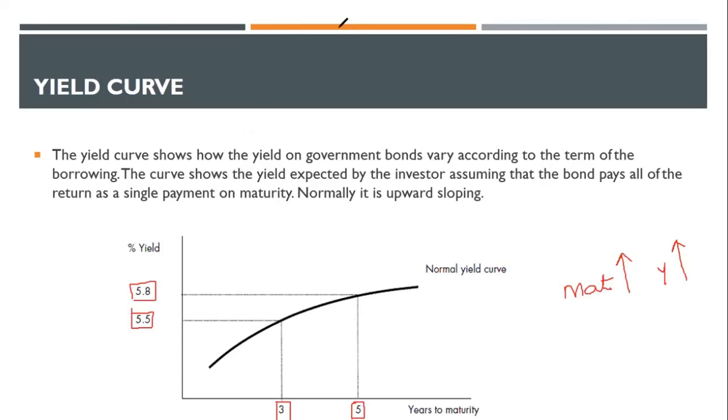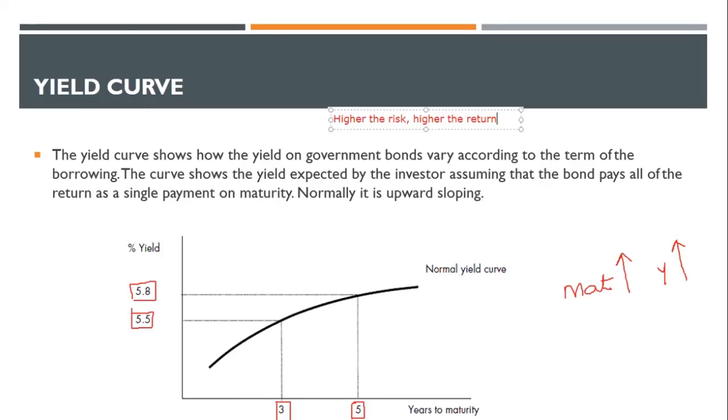Here we go back to one basic concept: the higher the risk, the higher the return. Don't you think that investing for the long term has higher risk? Yes, sir. Because if you invest in a company today, you know their financial position today and you can predict what they can do. But what will happen in 5 years?